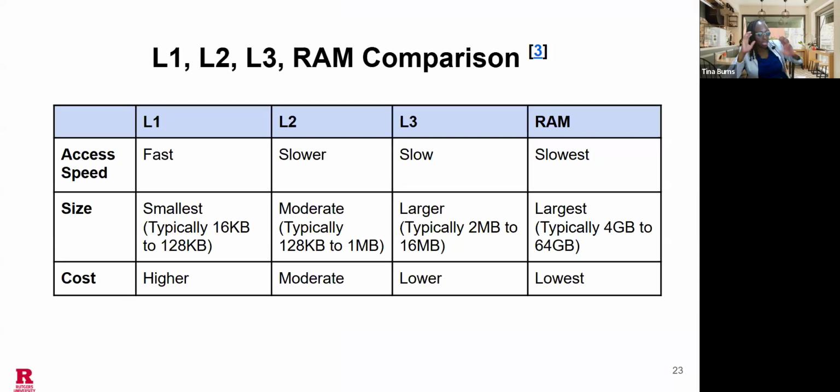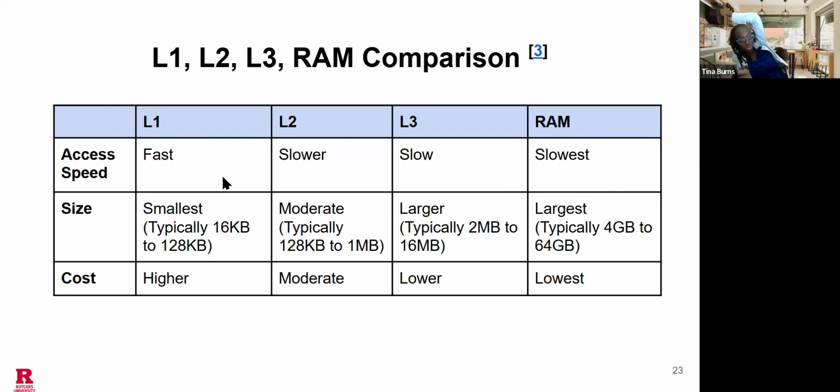So let's look at this not just in terms of the basics, but let's do a comparative evaluation of these. RAM, your RAM memory, this is going to be your main memory. It's going to be your largest size. Actually, I'm sorry. Let's go from L1 on back.